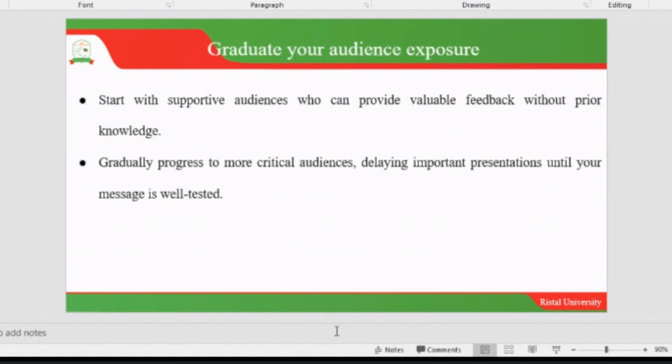At first you could present to the people around you, but later you want to graduate to a more critical audience. If you have been presenting to people that trust you and know your business, now you want to go to people who might not know your business but are well versed with the field in which you are innovating.